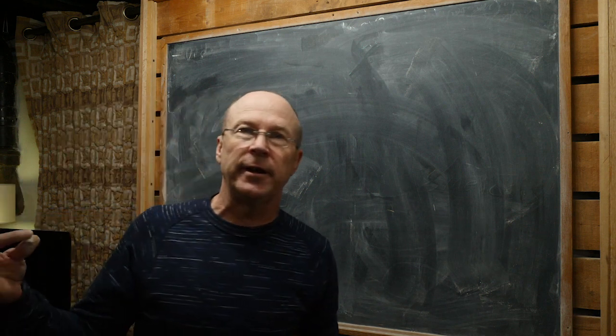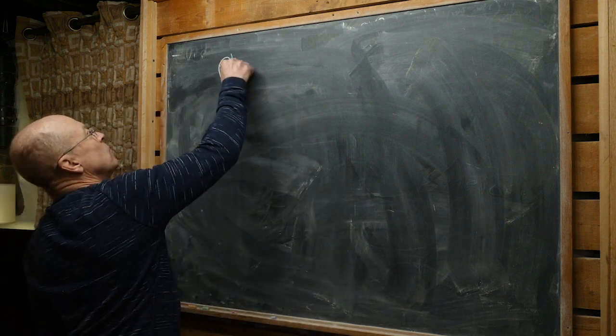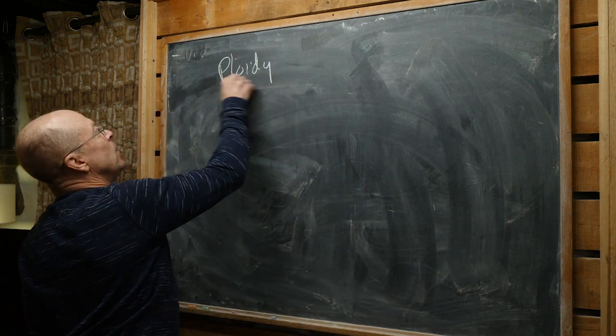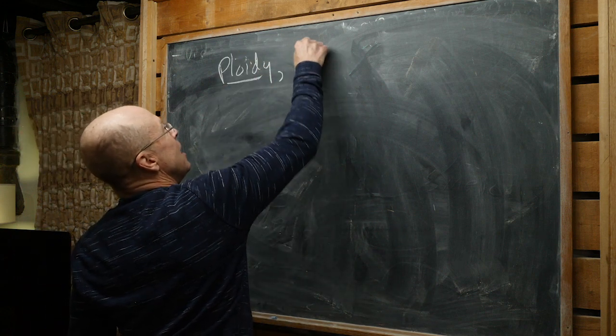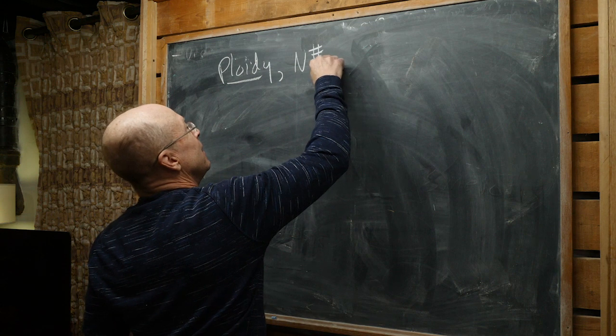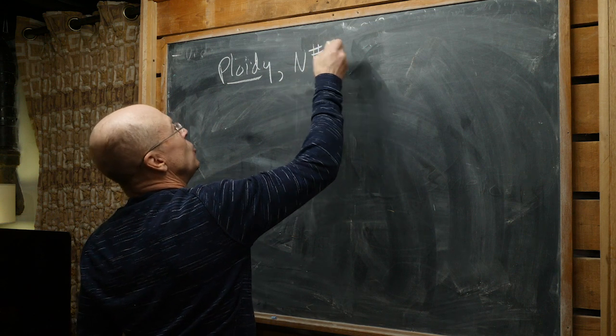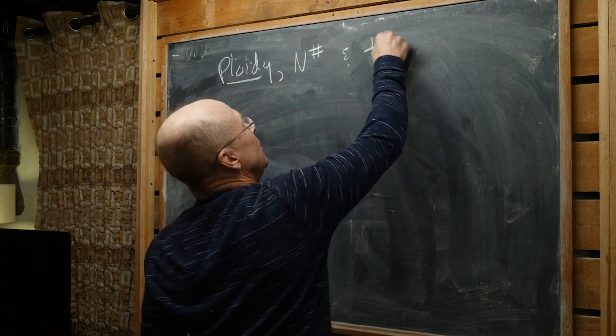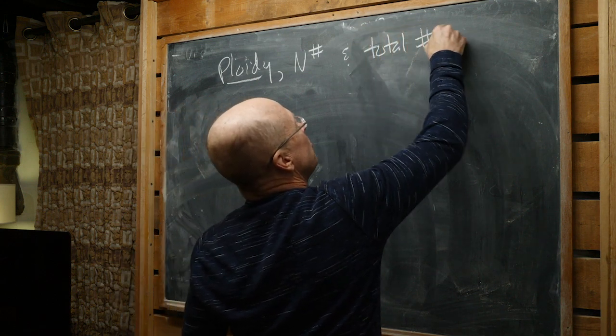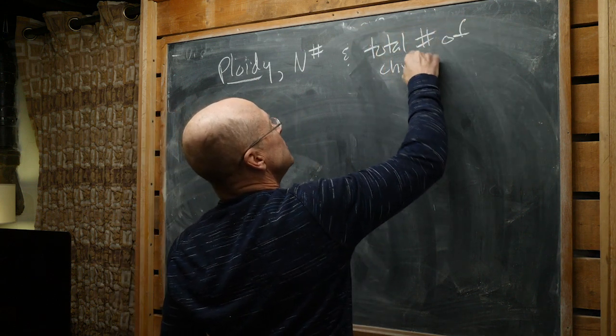Okay, I told you we're going to deal with numbers in ploidy. So I mentioned that we have ploidy. Ploidy, the n number, which you don't know what this is. Well, you do. I mean, you do know what this is, and what we call the total number of chromosomes.